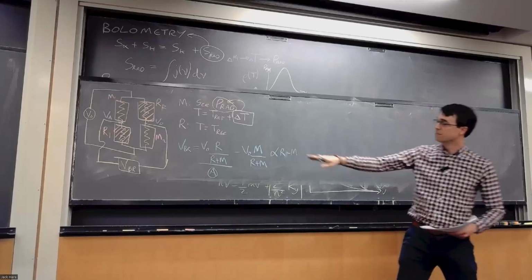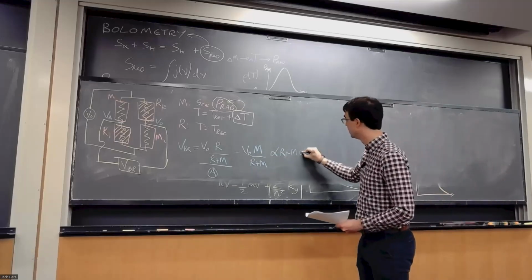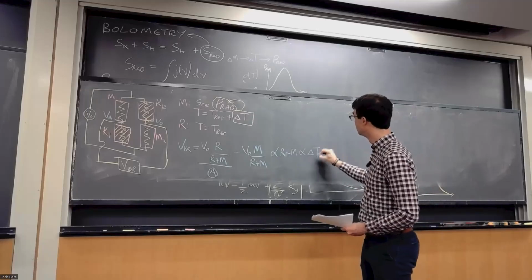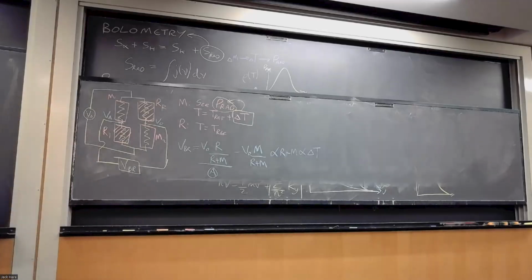We're just measuring a voltage which is proportional to this small quantity, and that is entirely due to the change in temperature. So we're now able to isolate the change in temperature very, very precisely.